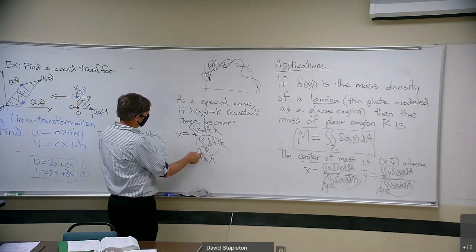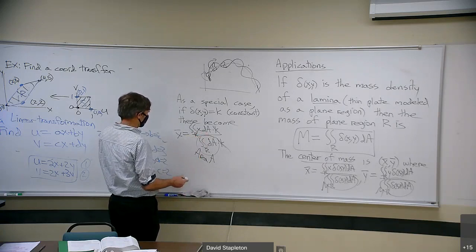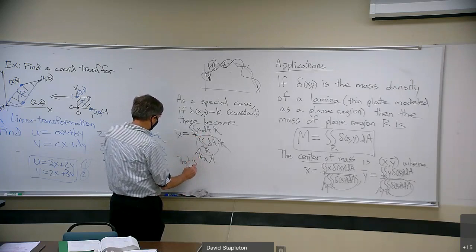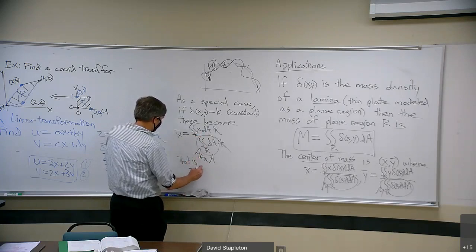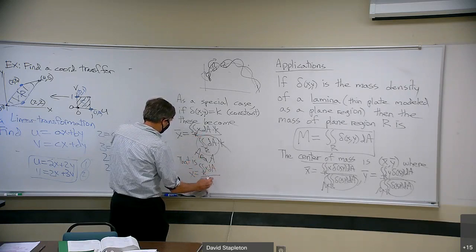So the bottom can be written as the area, and furthermore, the top degenerates to just the double integral of x dA, so it's easier. We'll say that x bar is the double integral of x over the region divided by the area.